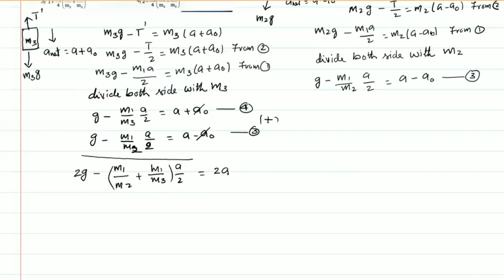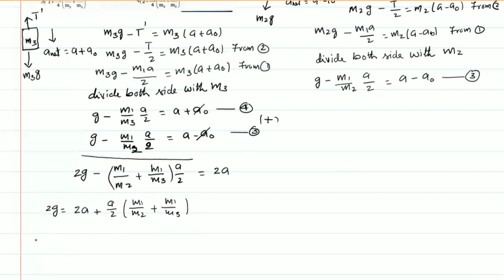Now we have to find out the a value. So this equation I am going to move to that side. So 2g is equal to 2a plus, taking a by 2 also as common, a by 2 into (m1 by m2 plus m1 by m3).